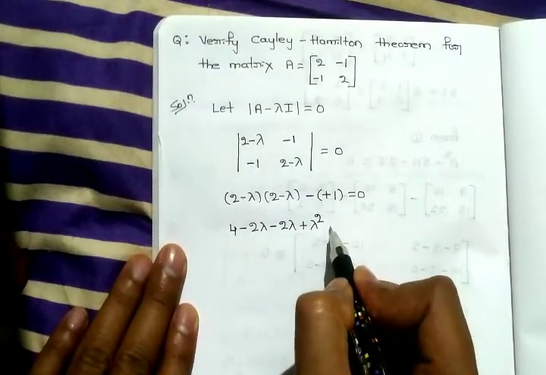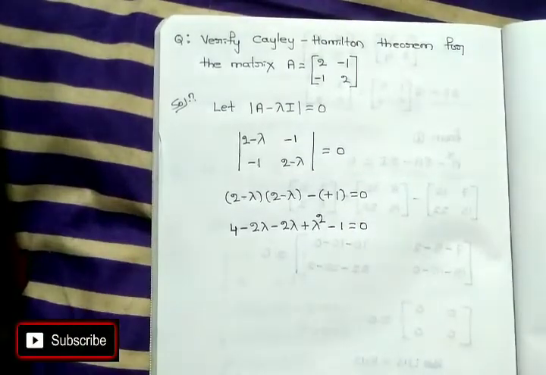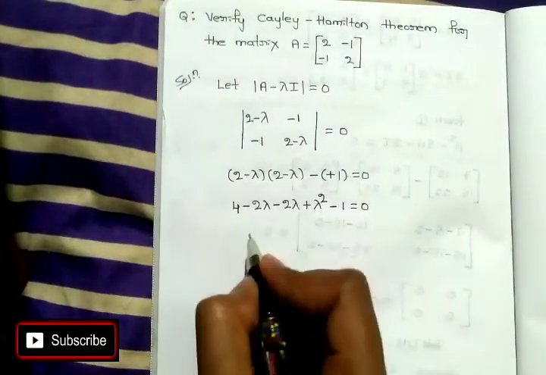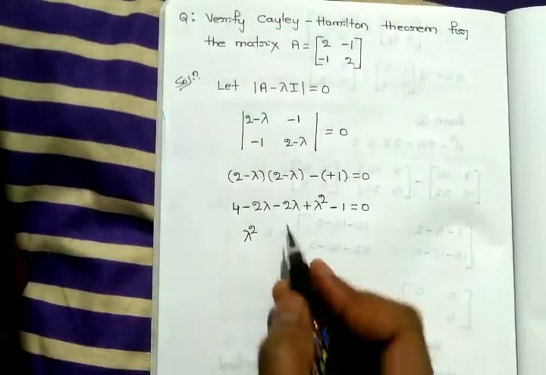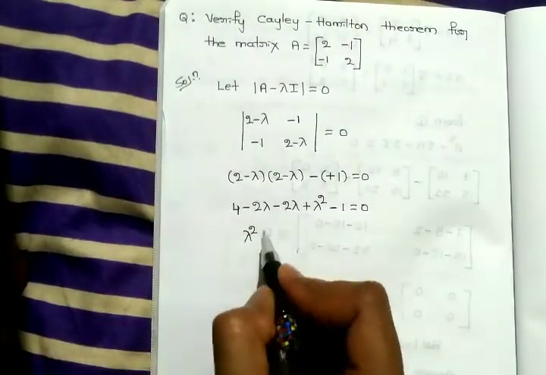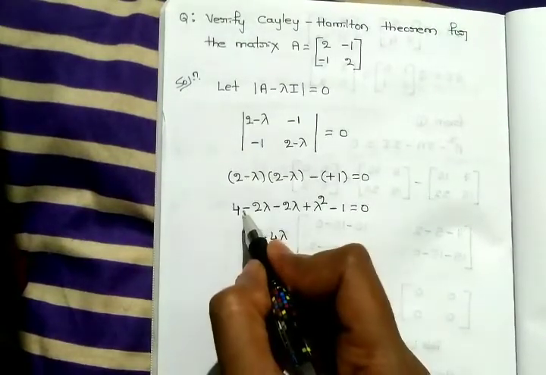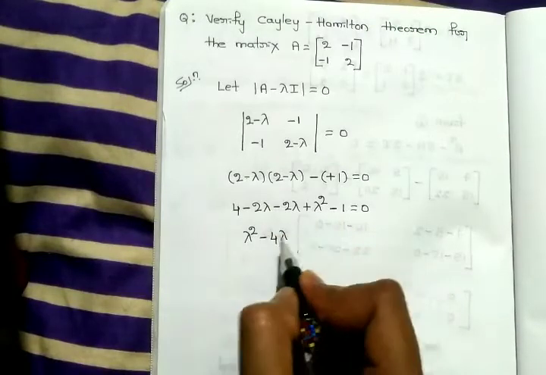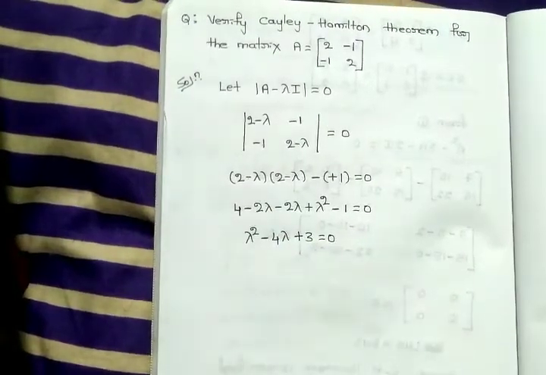Next, minus into plus is minus 1, equal to 0. Here only one lambda square is there, so keep it first: lambda square minus 4 lambda, next 4 minus 1 is plus 3, equal to 0.